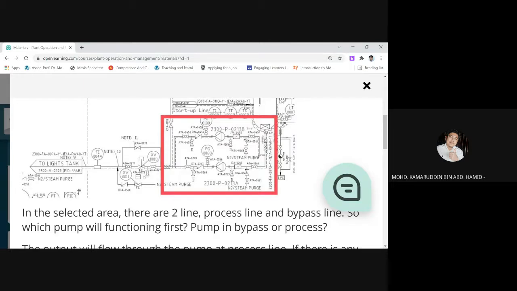Yang process line ke ataupun yang bypass line? Proses. Tanzul answer as a process, tapi Akmal cakap bypass. Mal, kenapa your answer is bypass?